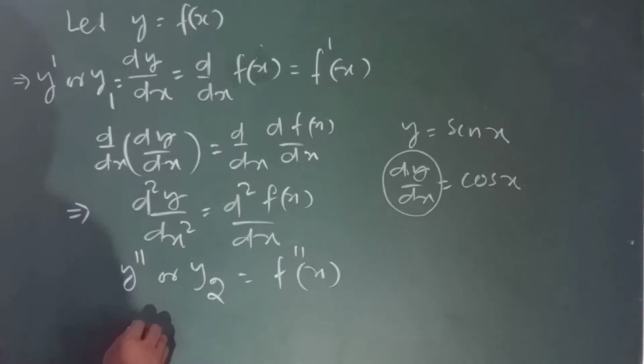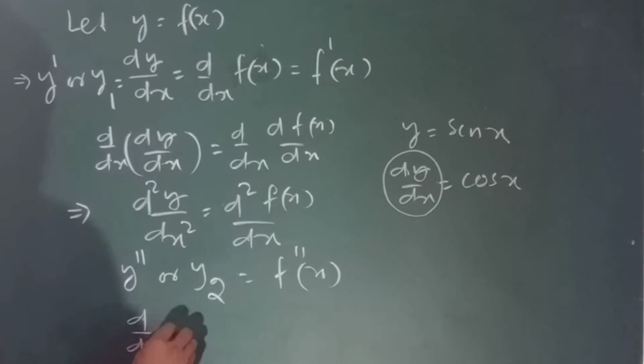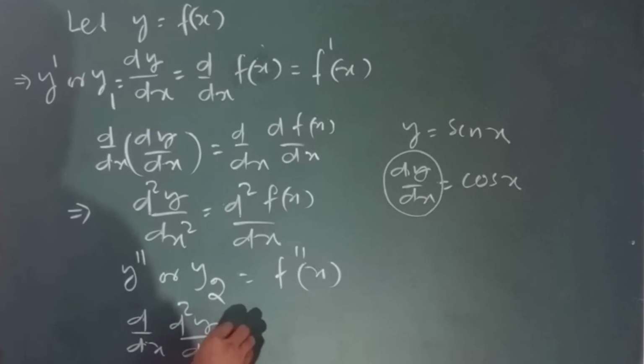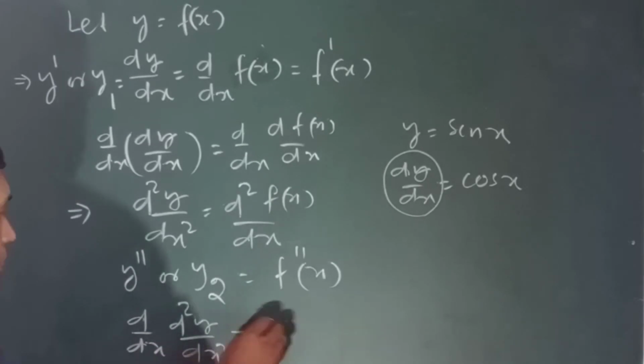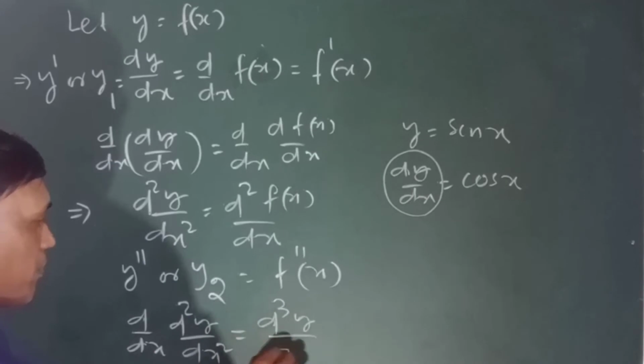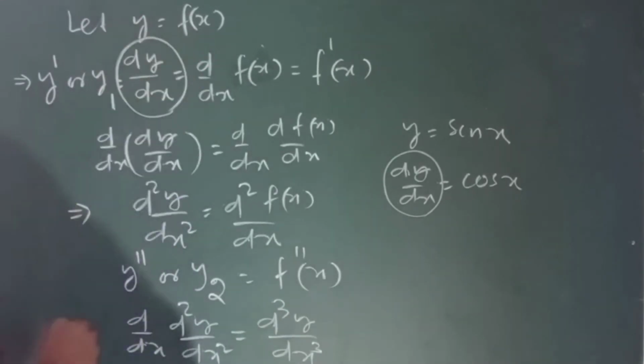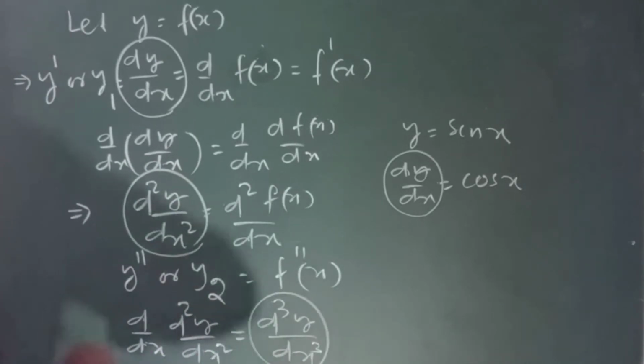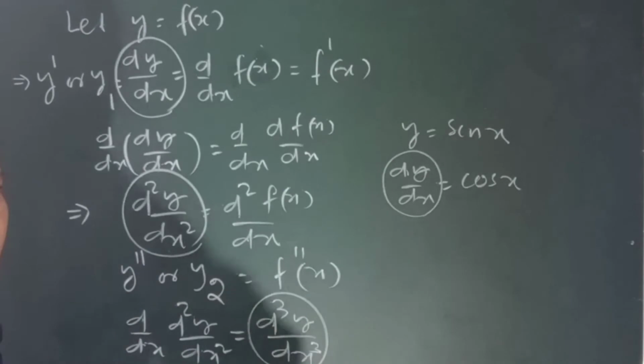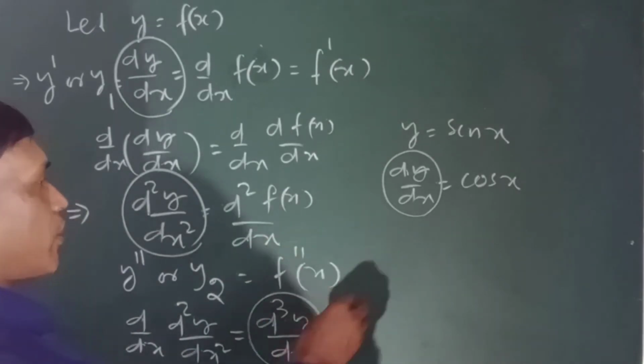That means again we can take the derivative of d square y by dx square, and this is d cube y by dx cube. So this is first order derivative, this is second order derivative, and this is third order derivative. Continuing in this way, we can find the nth order derivative.